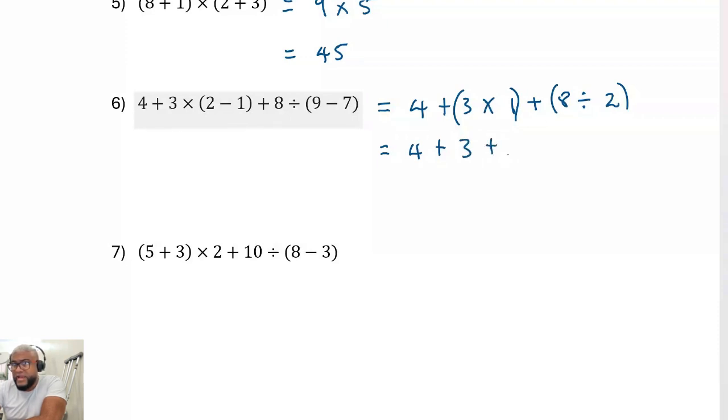Plus 8 divided by 2 is? 4. Right. 4 plus 3 plus 4 will give me what, Taylor? 13, sir. 7, 7 and 6, 13. All right. Reason, were you able to see this?